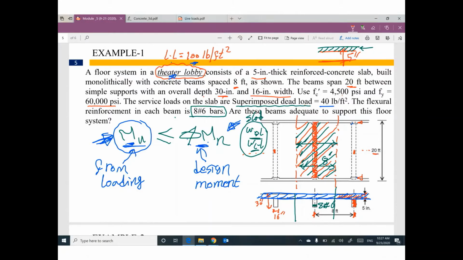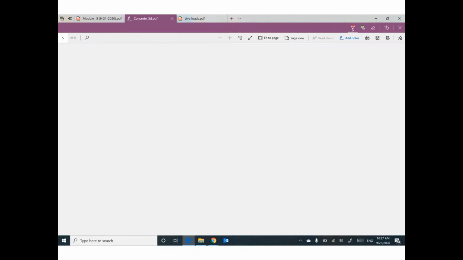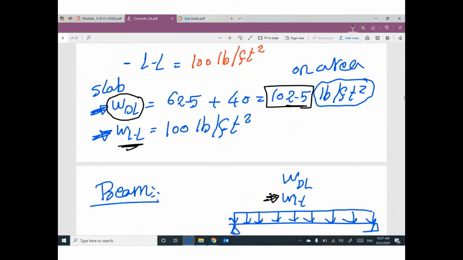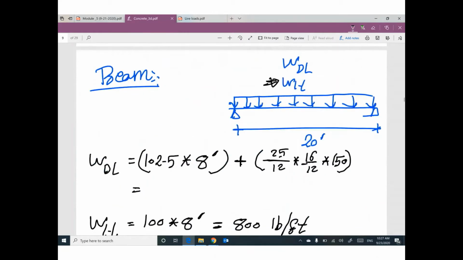So the dead load on the slab, which is own weight plus superimposed dead load, multiply this value by width of the area assigned to the beam, I can convert this load to uniform distributed load on the beam. The same thing for live load.